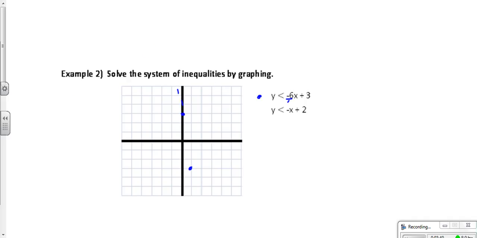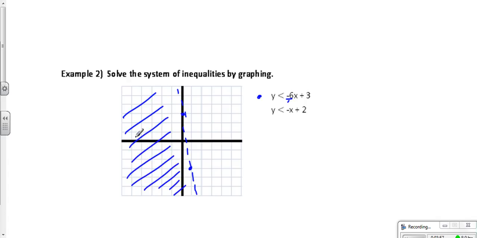So this is dotted. We would have to shade greater than or less than. Well, this is a less than, so we want y's that are less than that, so it would be below the y-intercept, down here. Anything in that area.